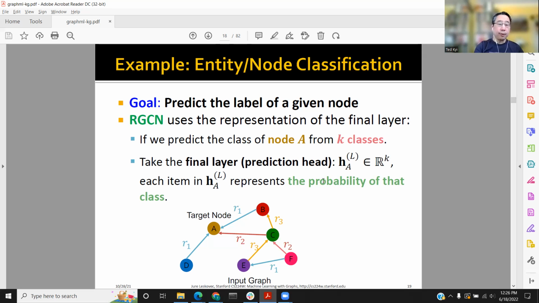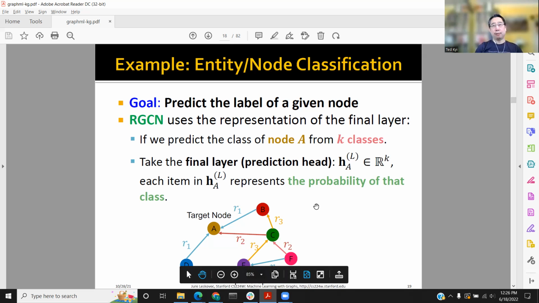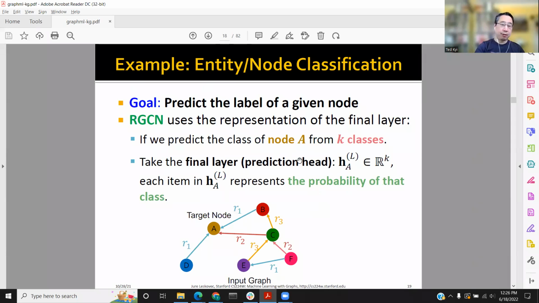We train our GNN, and once we have our embeddings, we apply a final layer, then a softmax, and if you have K classes, you have K nodes, and we can interpret the outputs of the K nodes after the softmax as the probability for each class. That's pretty much the way we do K-way classification everywhere else, right?